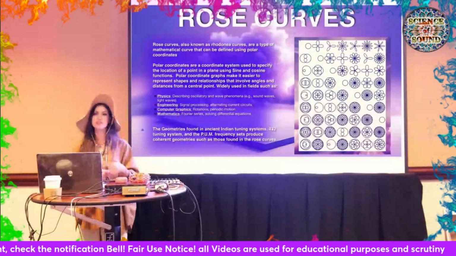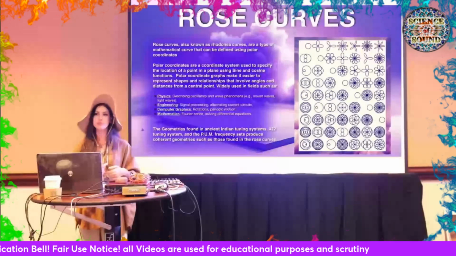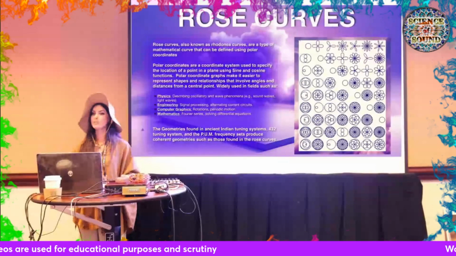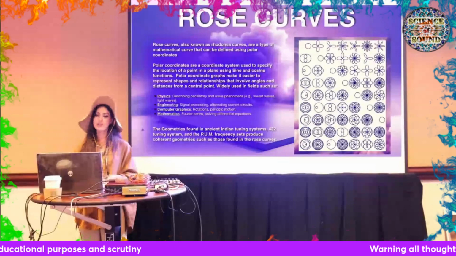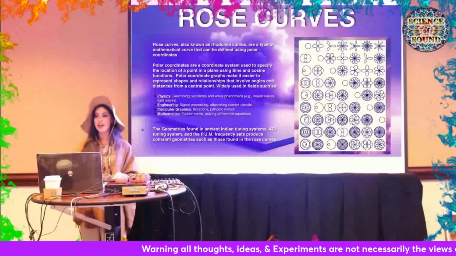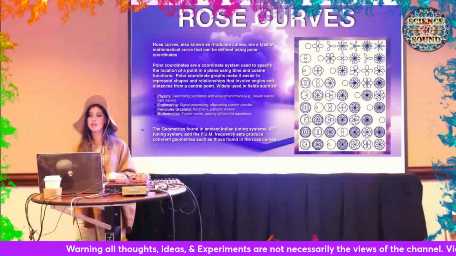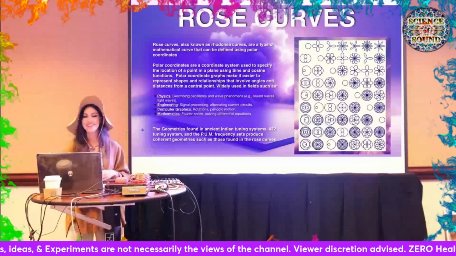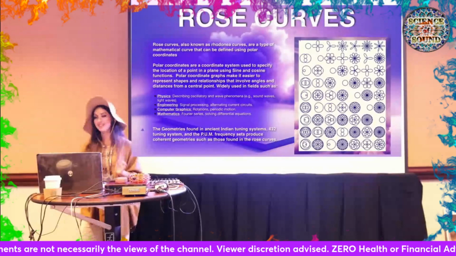My mind was blown, because I couldn't find that many Rose curves in the 432 tuning system, but once I looked into the Indian tuning systems, I found every single flower except one, the magical Pokemon that I'm going to talk about in the next slide.